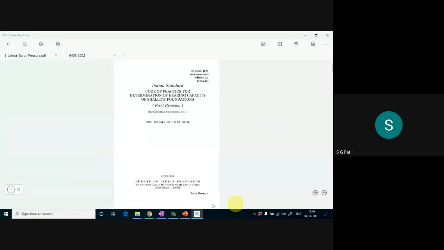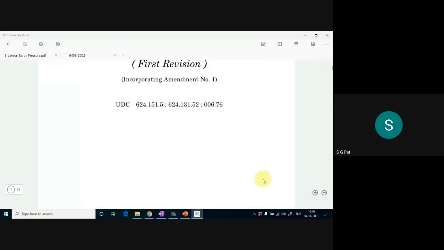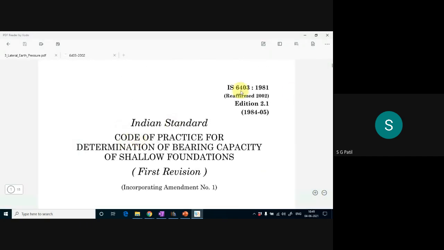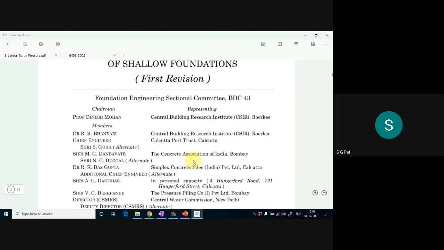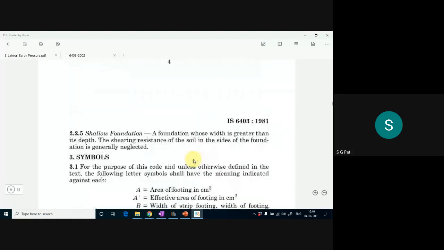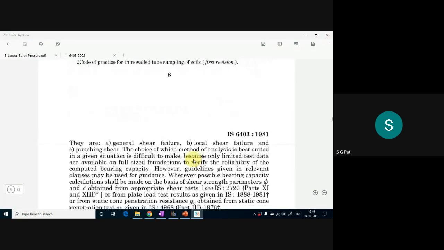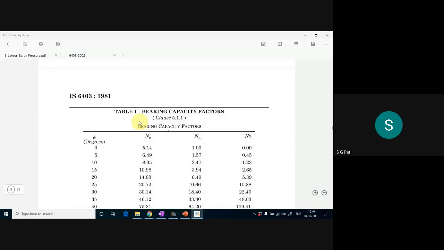All of you can see this IS code, right? IS 6403:1981, reaffirmed in 2002. Let's go to table number 1. You see, this is table number 1.